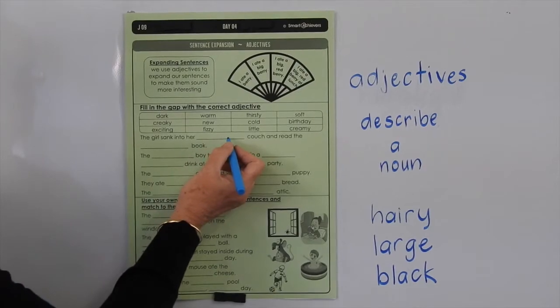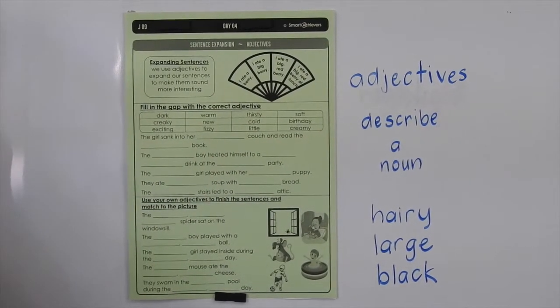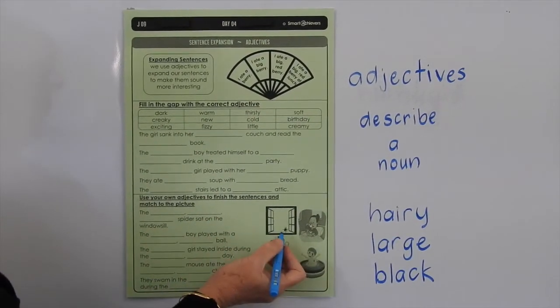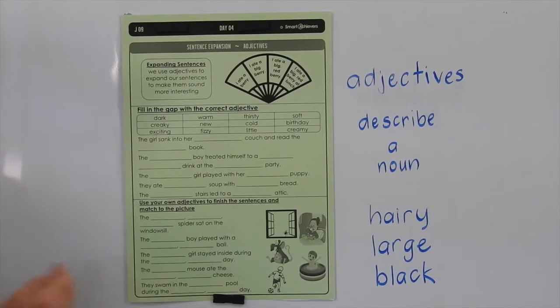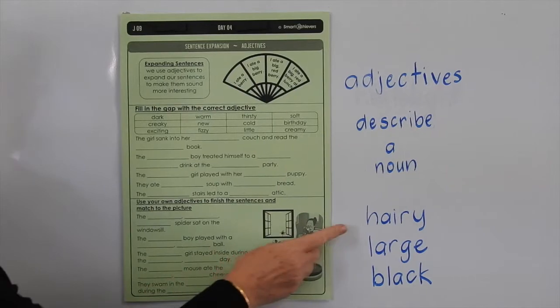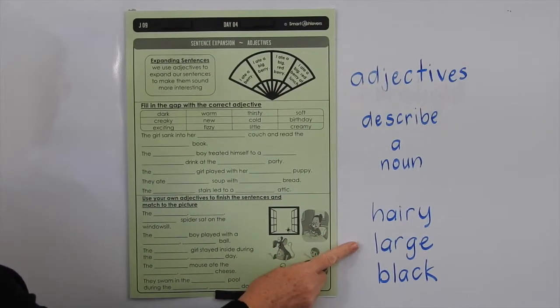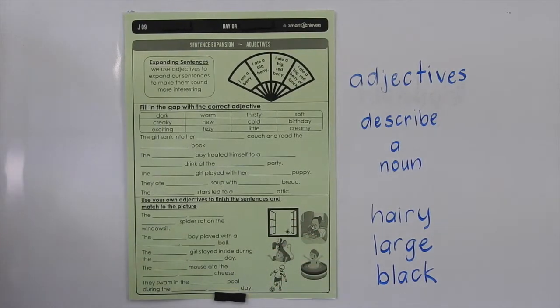Now up here we were only using one adjective. You can use as many adjectives as you like. So down here we've moved on to 3 adjectives. So you have a look at the spider and you could think of what could be some good words to describe a spider. I've made a bit of a list. I've thought, oh, maybe hairy, a large one, and it could be black. But that order doesn't sound right to me.